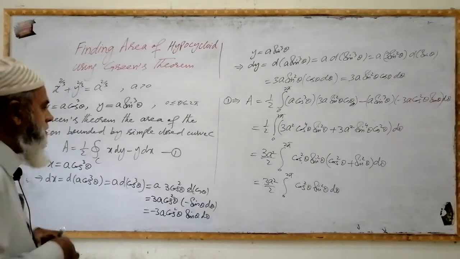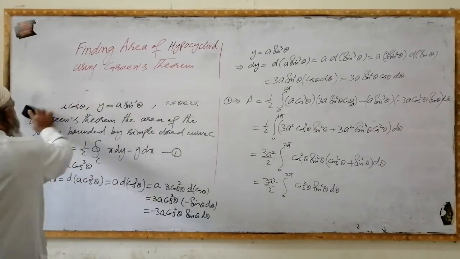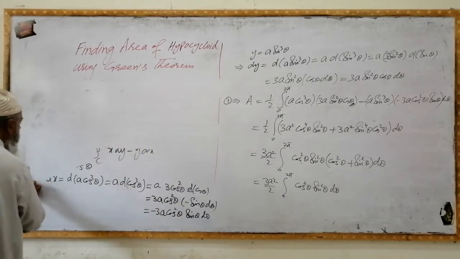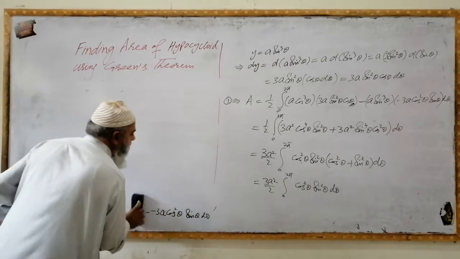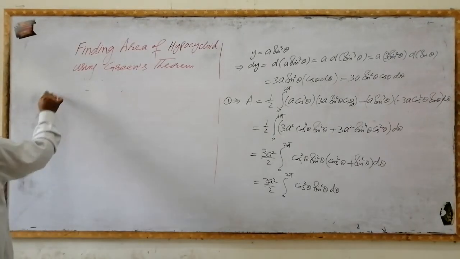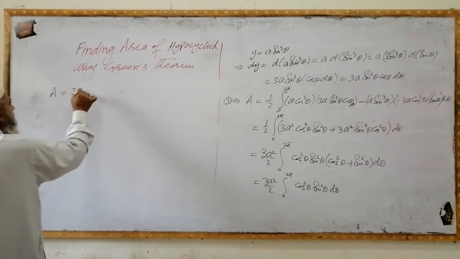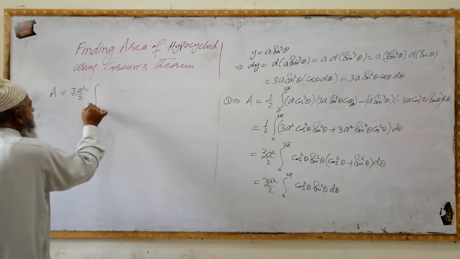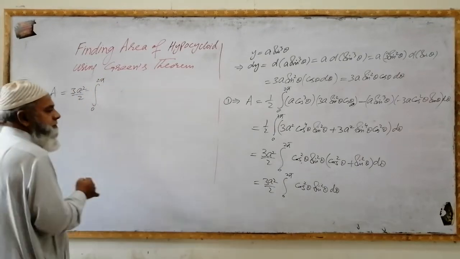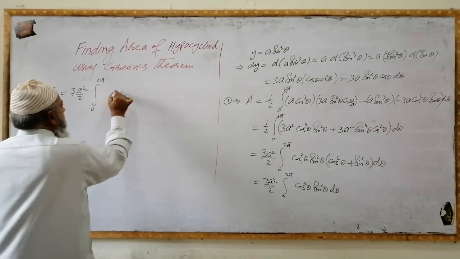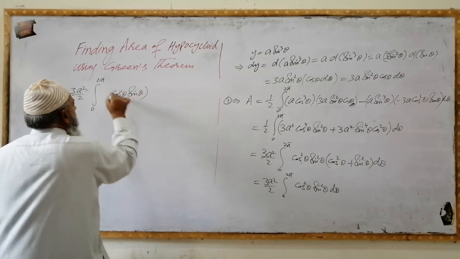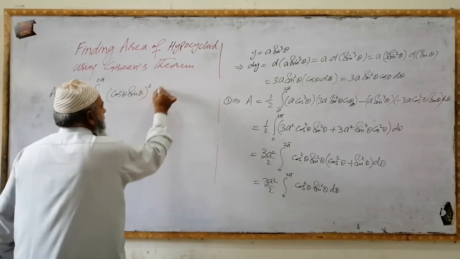Now we can write cos square theta sin square theta in the form cos theta into sin theta whole square. Thus area will become 3a square by 2, 0 to 2 pi, cos theta sin theta whole square d theta.